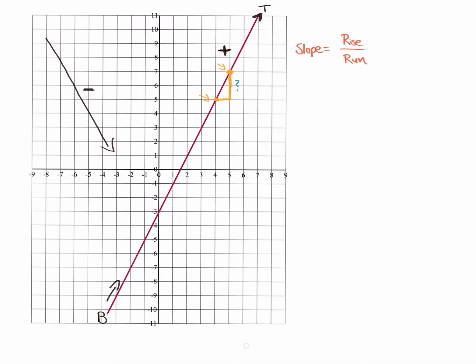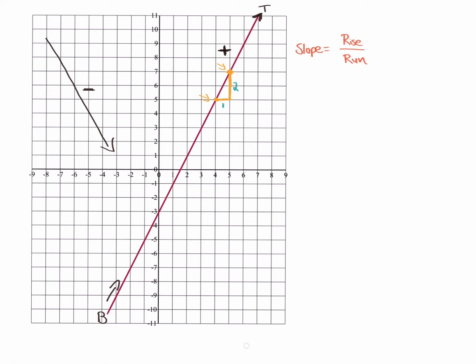So I just count the boxes. I have 1 box here, and the second box here, and then 1 box here. So that means I have 2 boxes in height, and 1 box going across.